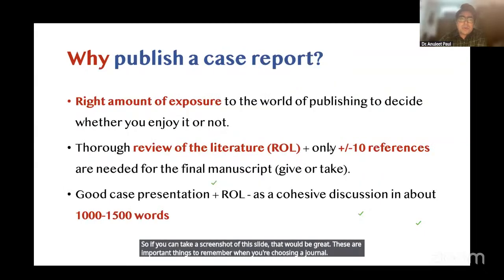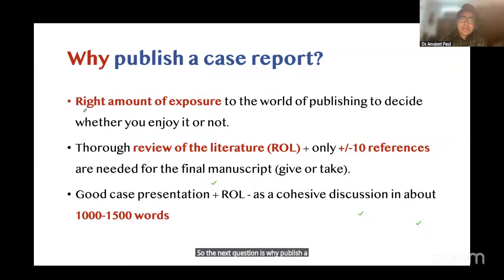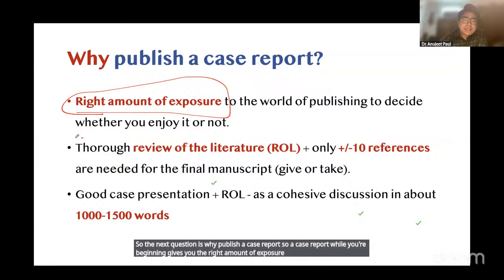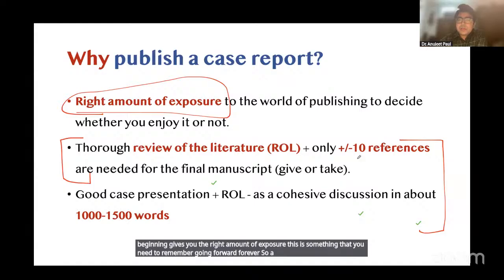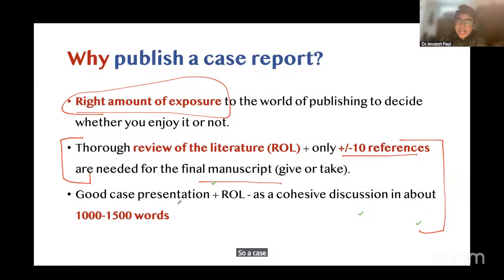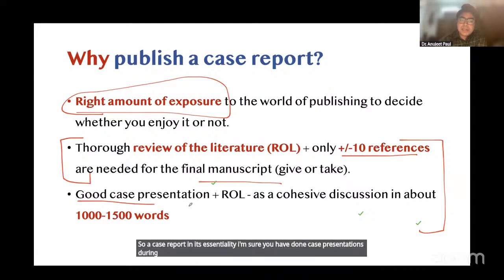So the next question is, why publish a case report? A case report, while you're beginning, gives you the right amount of exposure. This is something that you need to remember going forward forever. A thorough review of literature with somewhere around 10 references is needed for the final manuscript. A case report in its essentiality, I'm sure you have done case presentations during third MBBS and final MBBS.